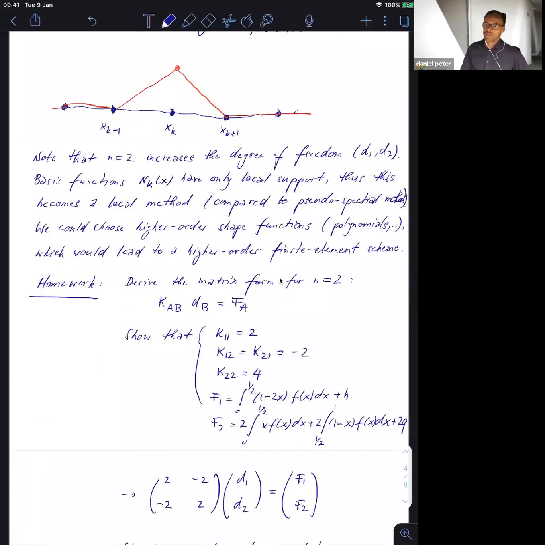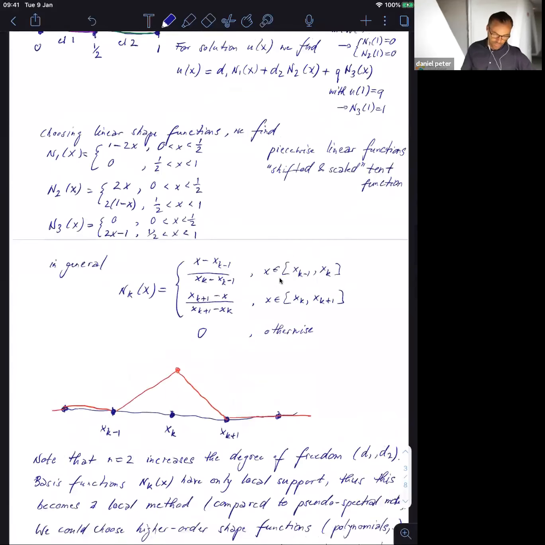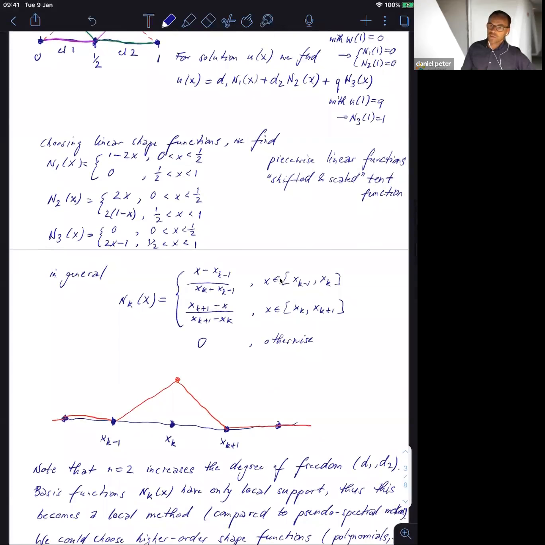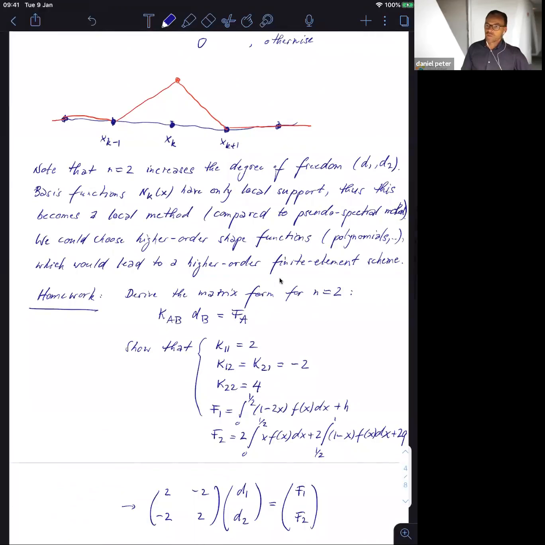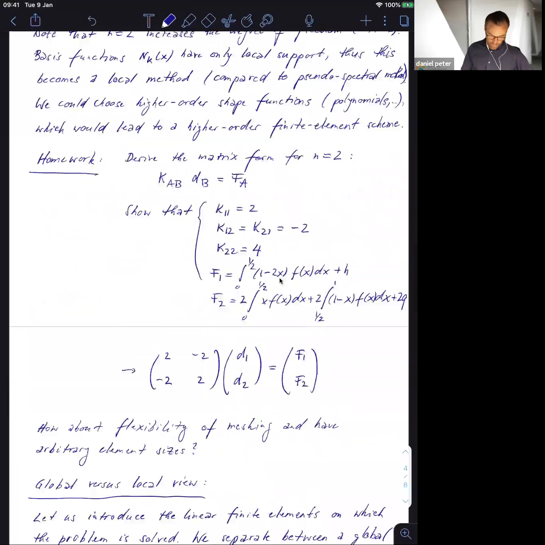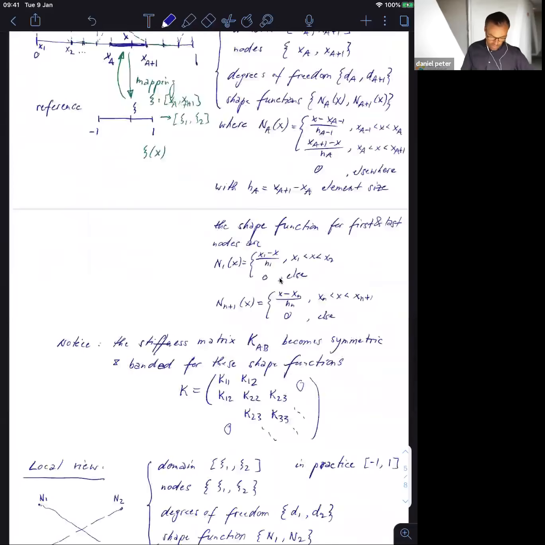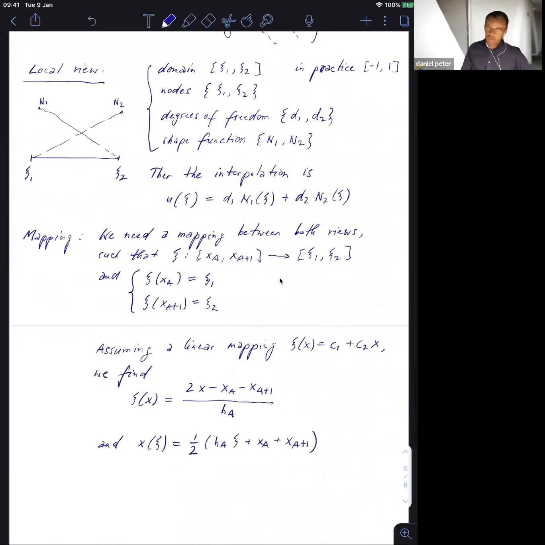We don't use it yet. It's really just to find out, once we have the element set and the shape function set, what the matrix expressions are. And then next time we continue with the mapping.